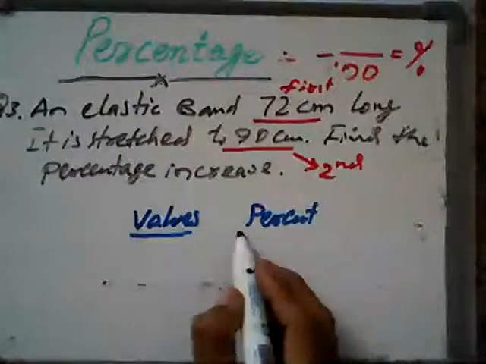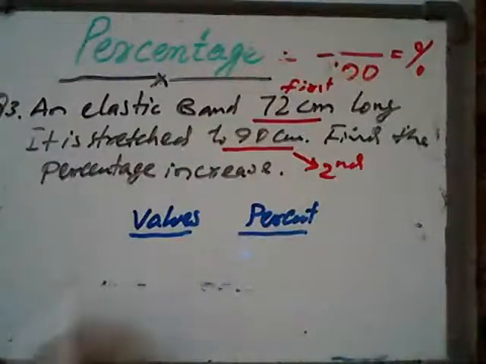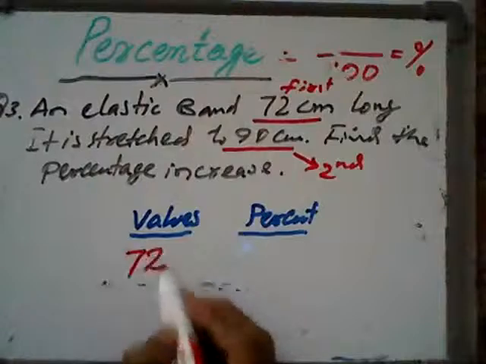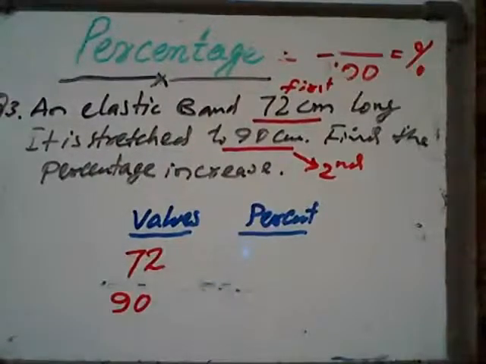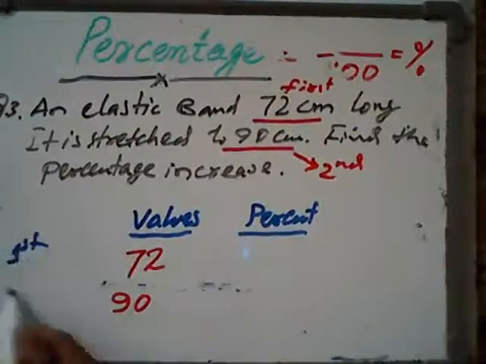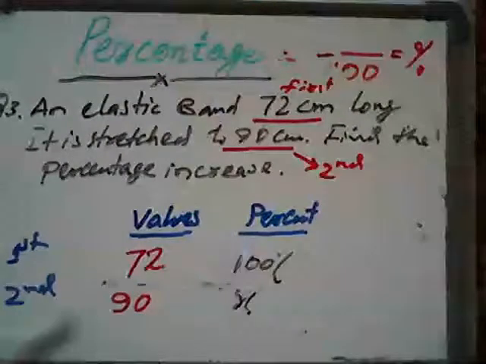So the first value was 72, and the second value was 90. That was the first and second value.